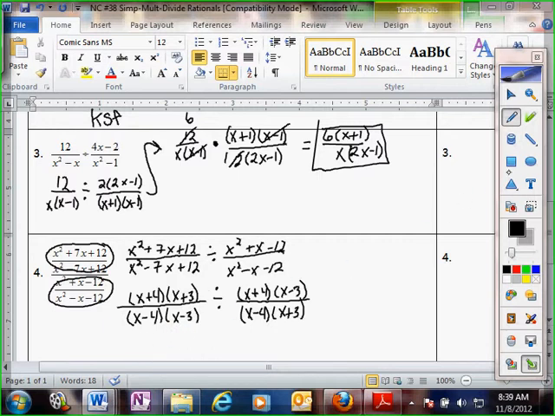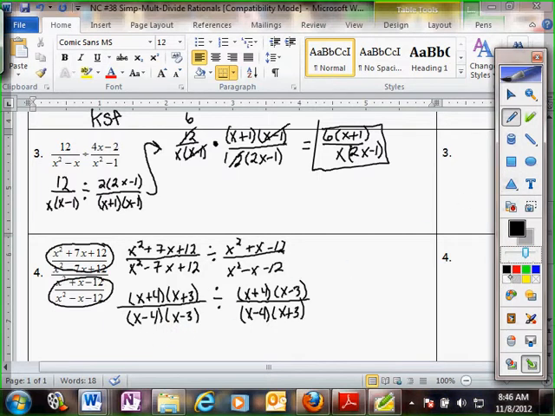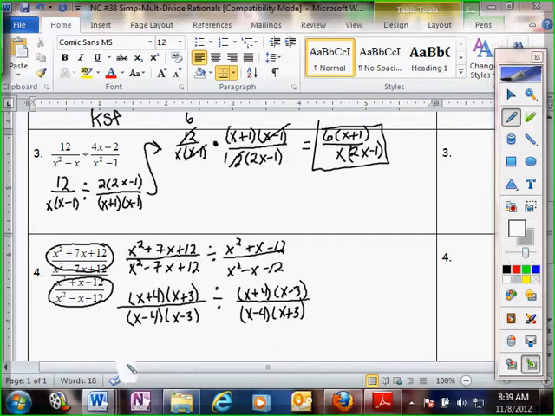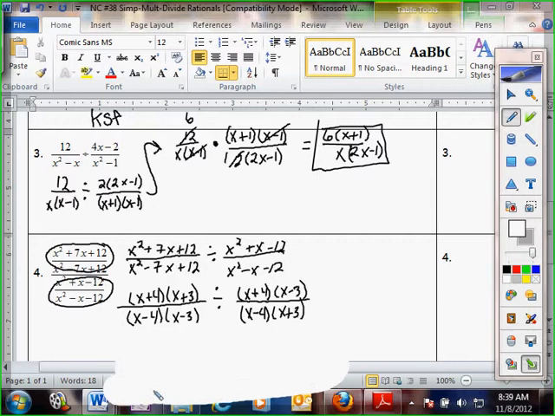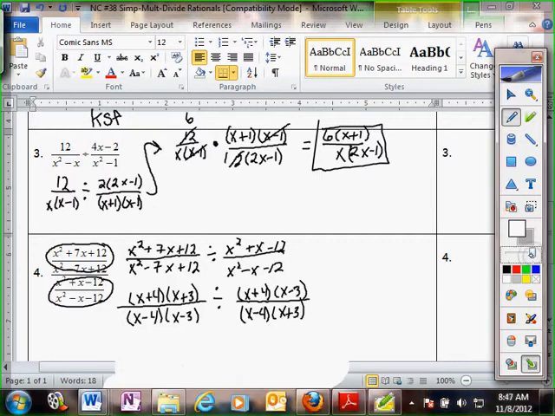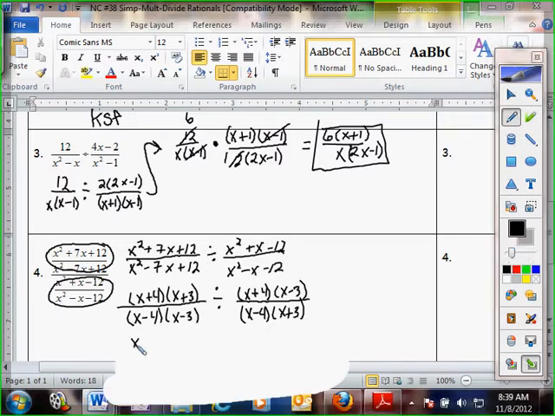So continuing on, what I would need to do is keep, switch, flip, because I'm dividing. So I'm going to keep the first fraction, and I'm going to switch my sign to multiplication, and I'm going to flip my last fraction.